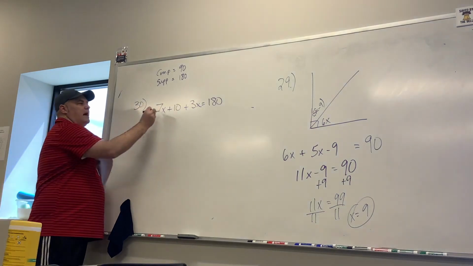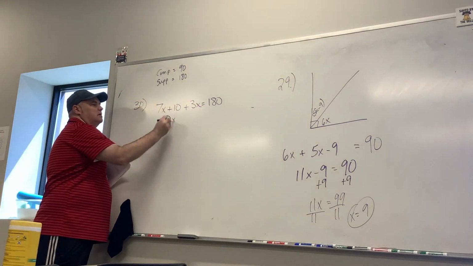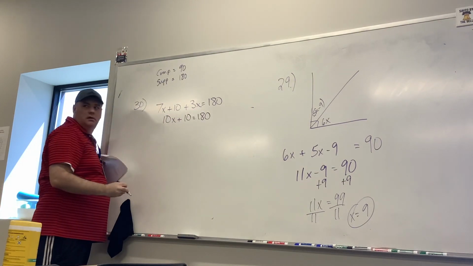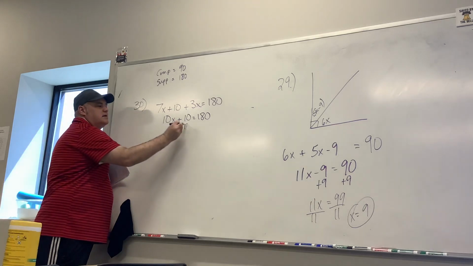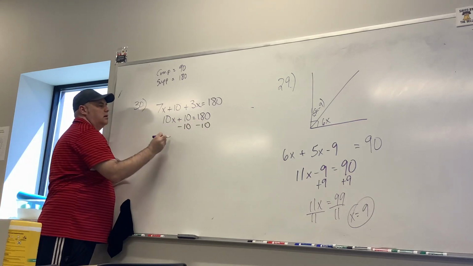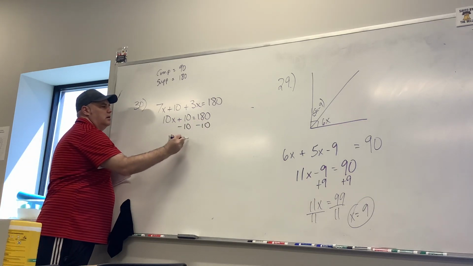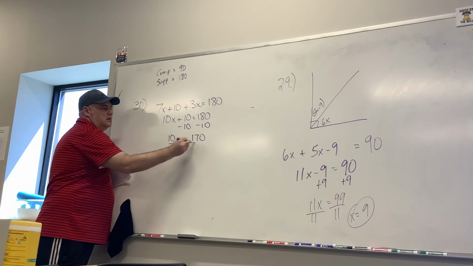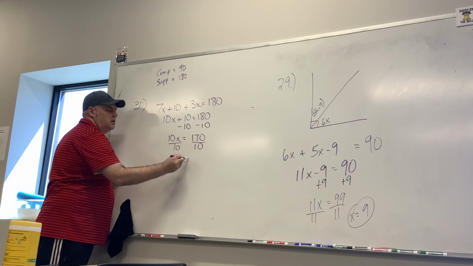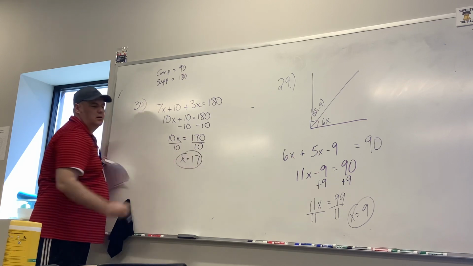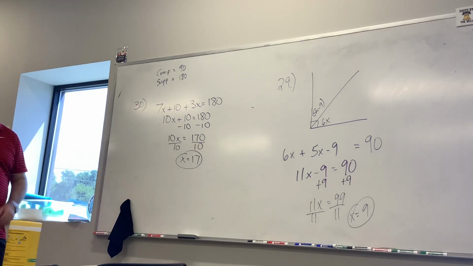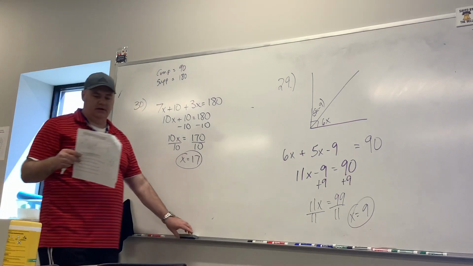So I'm going to combine my x's, I'm going to move my 10, and I'm going to divide by my 10. So it's the same thing over and over. They look different, but you're kind of repeating the process here.